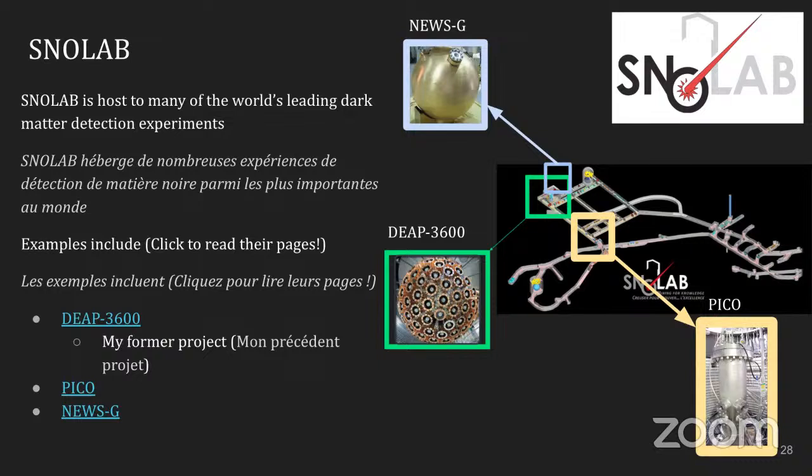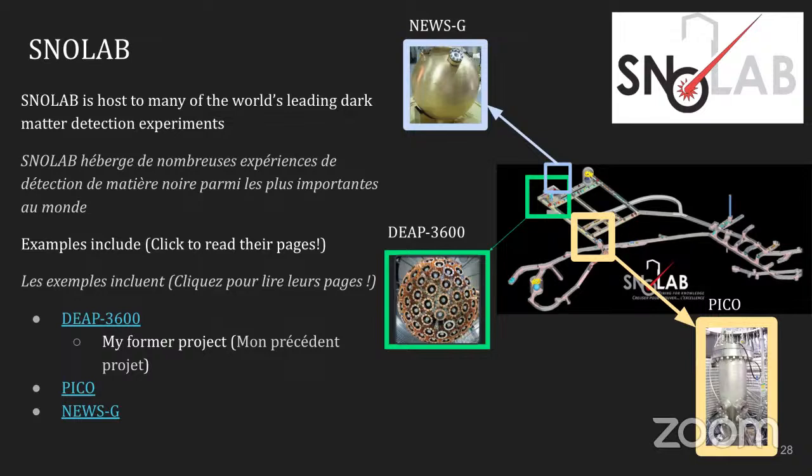PICO looks for heat by keeping their detector in a superheated state, so that even a small change in the temperature of the material inside will cause a phase change inside the detector. So you'll go from this superheated fluid into a gas, and they'll form a bubble, and then they actually just take pictures of the bubbles.